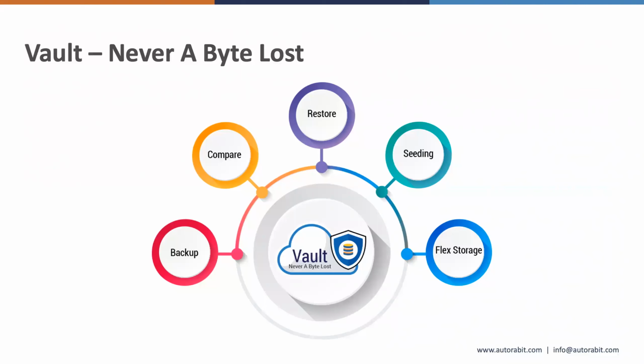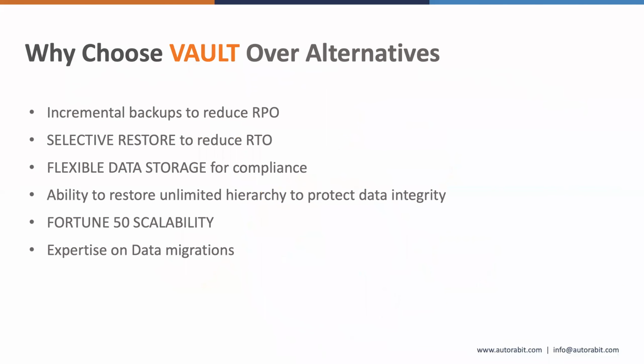Let me see. What else do we offer, or how are we different, or what's our strong point? With the incremental backups, you're able to reduce your RPO to around 5 minutes instead of the weekly exports from Salesforce. With the selective restore, instead of restoring the complete backup, you can pick and choose a particular object or a record to restore into your system.